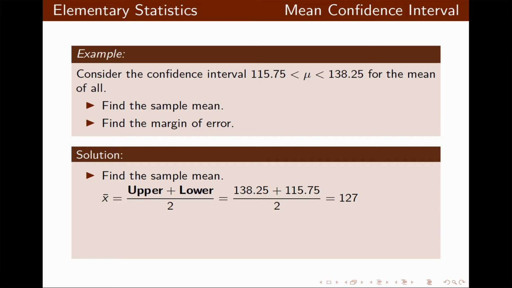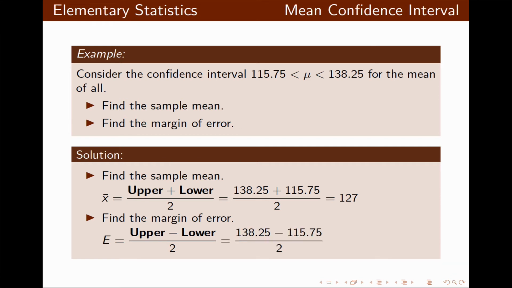So x bar, the sample mean in this case, is 127. And for the margin of error, we go upper minus lower divided by 2. And the margin of error is 11.25.